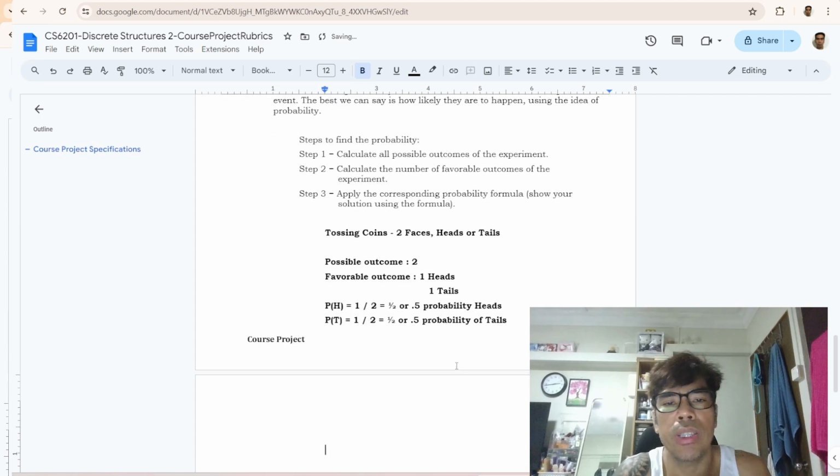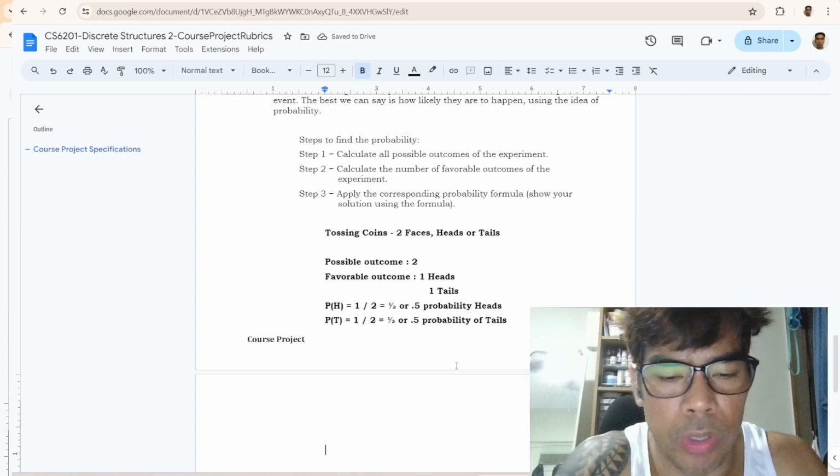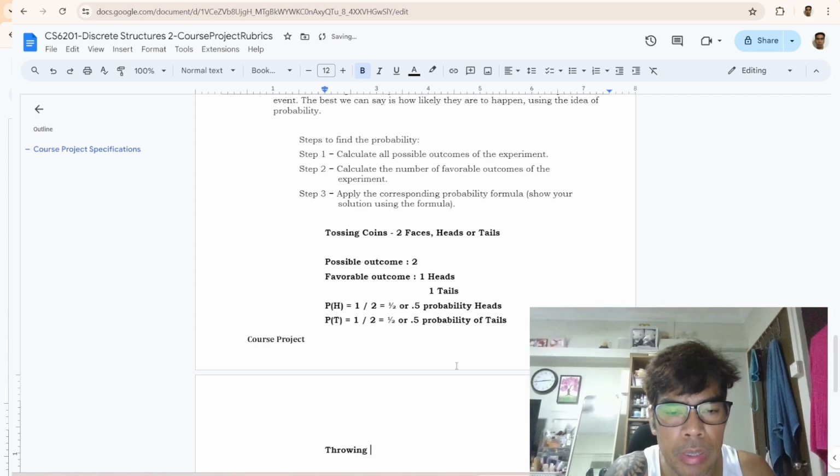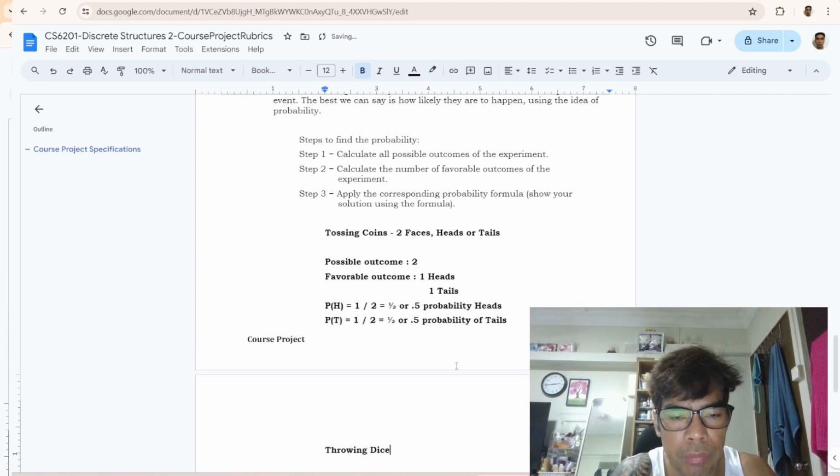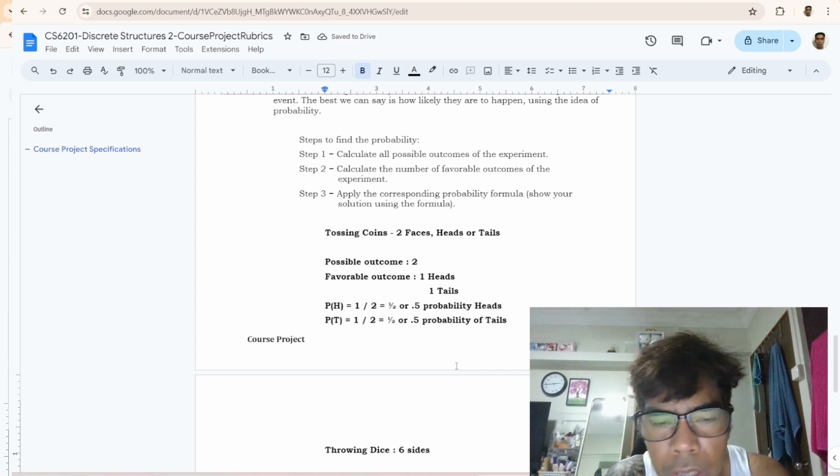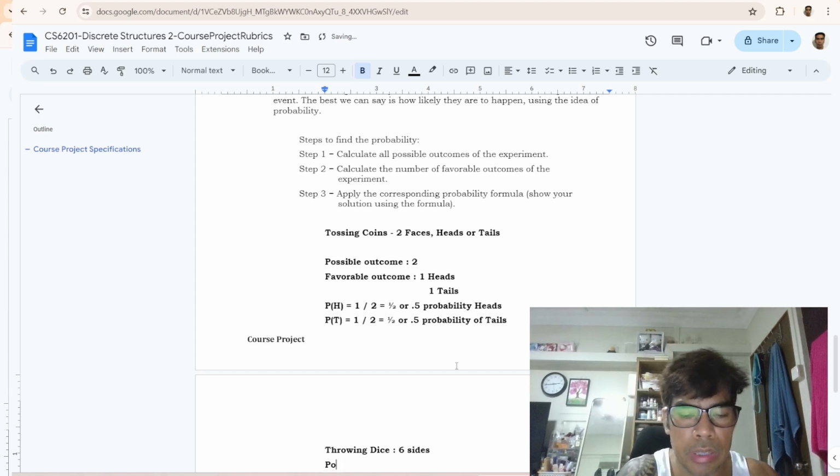Now we will move on to throwing a dice. In throwing a dice, we have 6 sides. How many possible outcomes? We have 6 sides, so 6 possible outcomes.